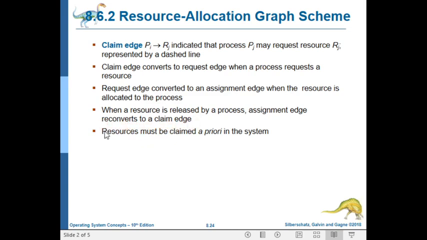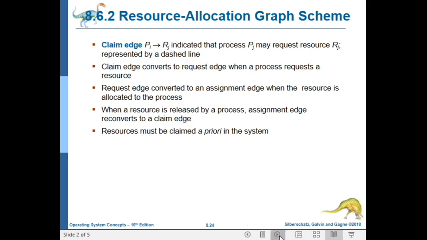So we can conclude that resources must be claimed a priori in the system. What does a priori mean? It means that before thread Ti starts executing, all its claim edges must already appear in the resource allocation graph.